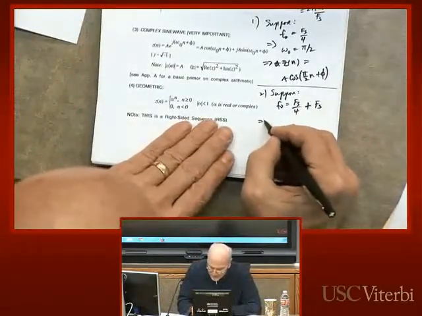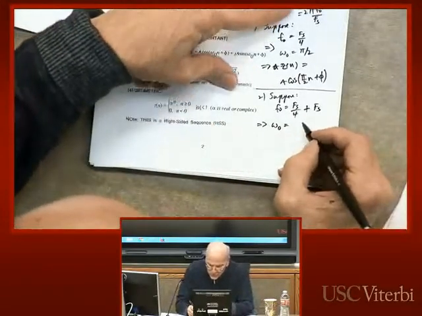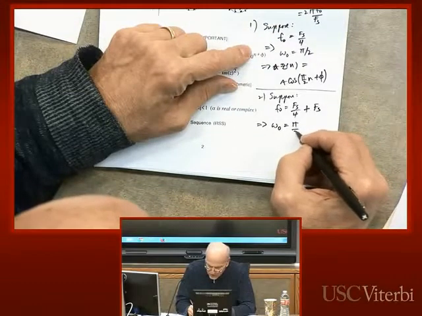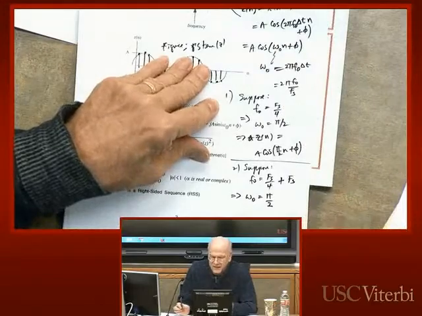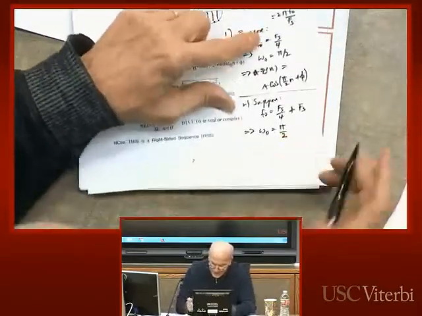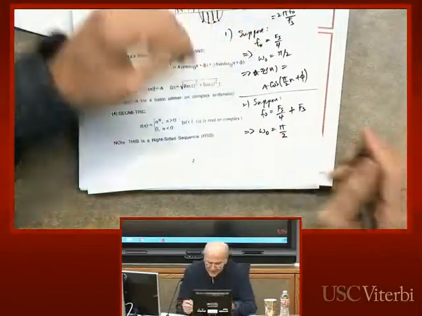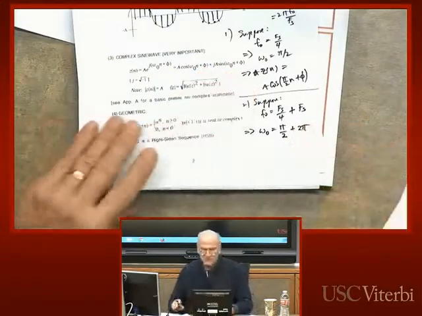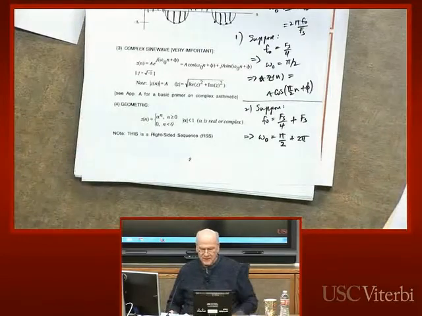Omega naught is 2 pi F naught over Fs, and F naught over Fs will be 1/4 plus 1. So omega naught is pi over 2 plus 2 pi. Let you check me out on that, but that's what omega naught is.